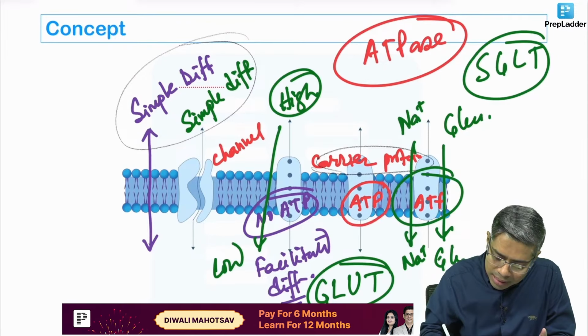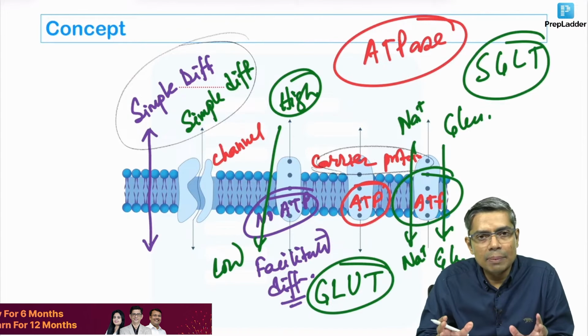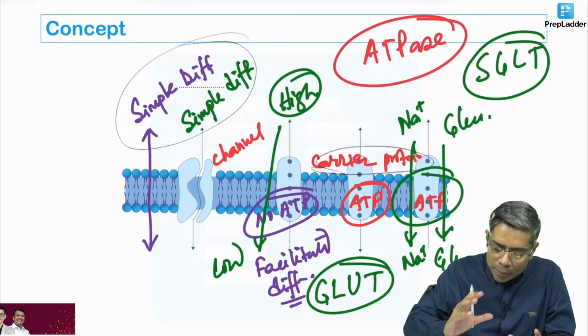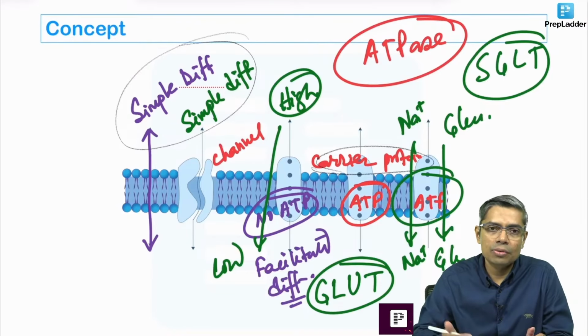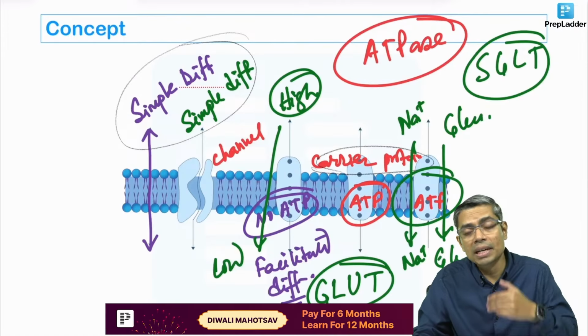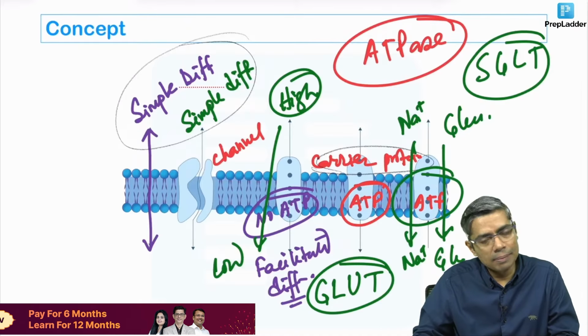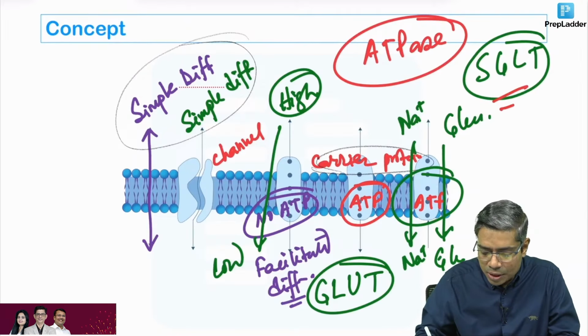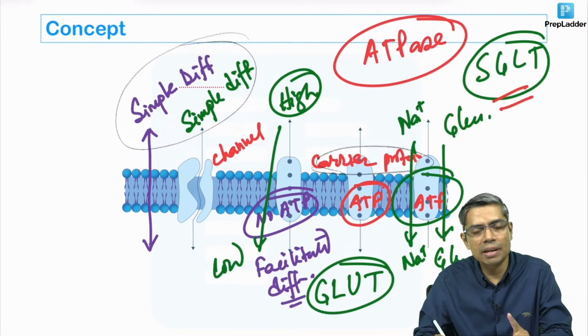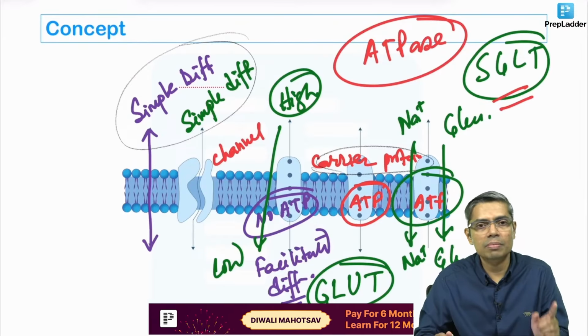They take the help of adenosine triphosphate, and they have the capacity to break down adenosine triphosphate. ATPase has the power to break ATP. That's why they are known as primary active transport. But secondary active transport carrier proteins also require adenosine triphosphate, but they cannot break down the adenosine triphosphate by themselves.